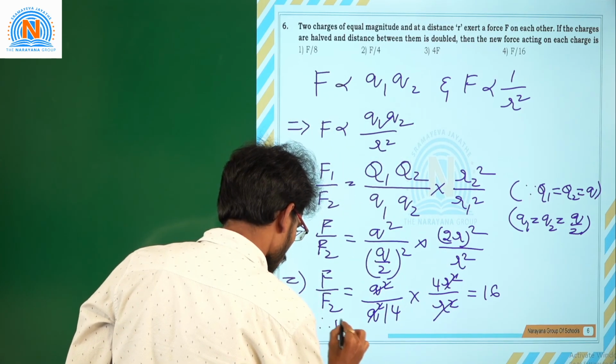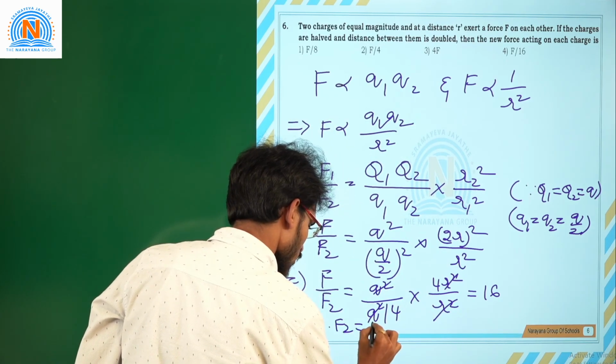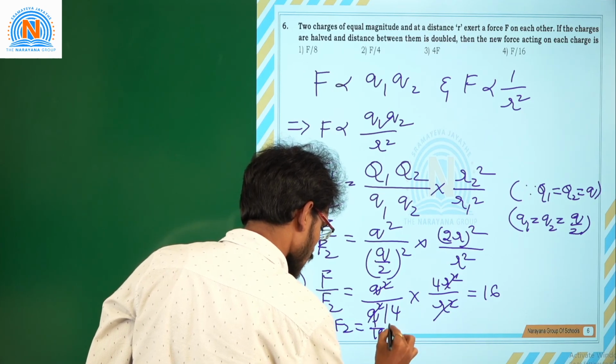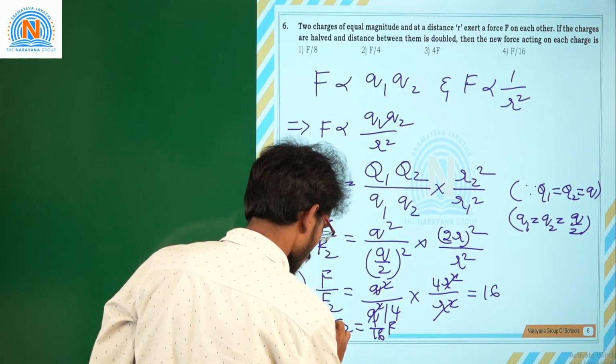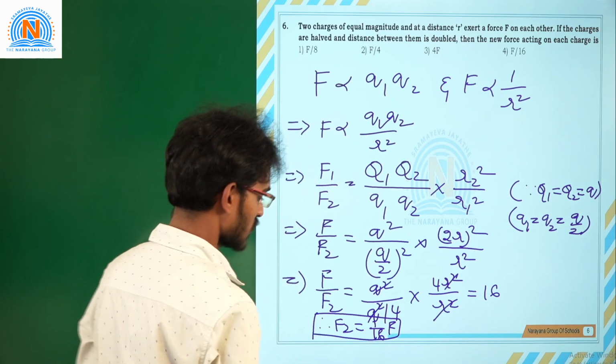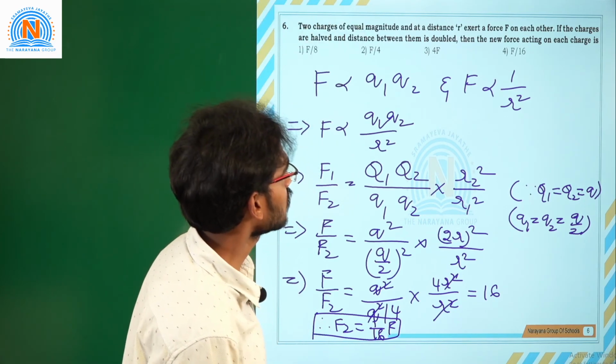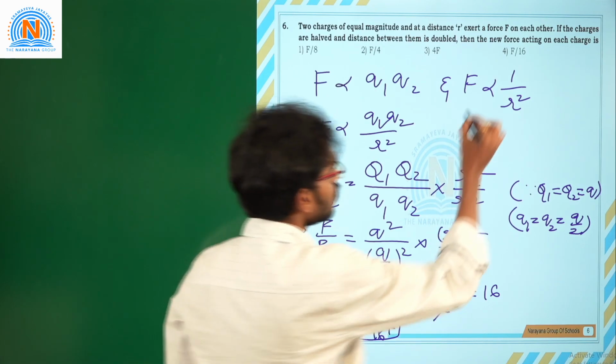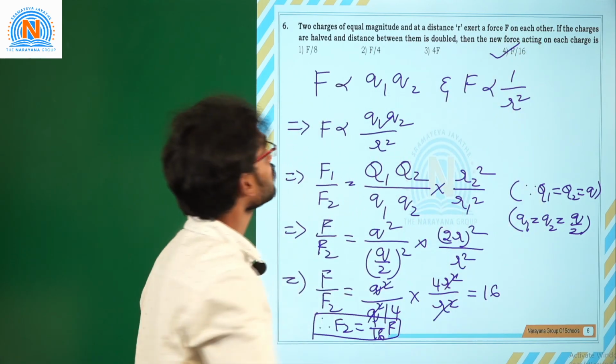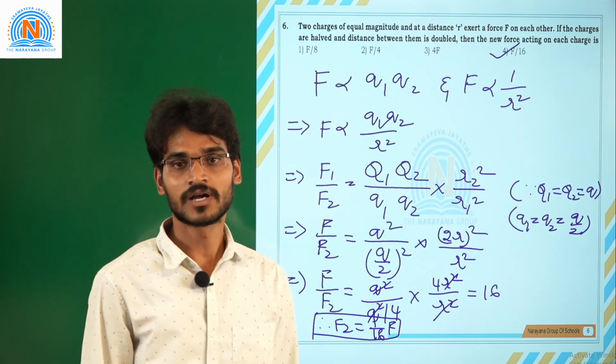Therefore, F2 is equal to 1 by 16 times F. That means 1 by 16 times the force between these two equal charges. See the options, the fourth option is the correct one for this question. Okay, thank you children.